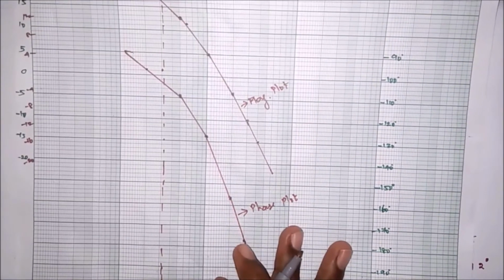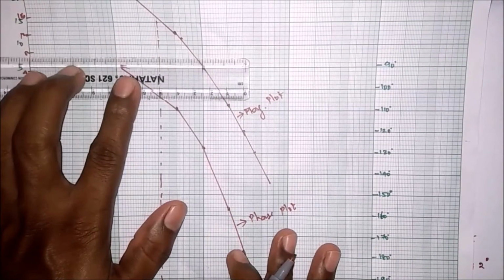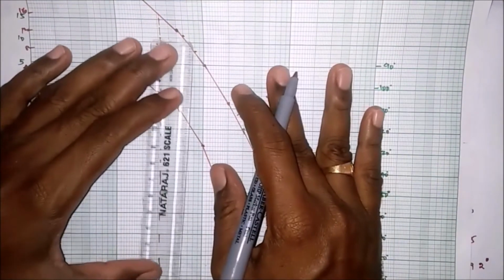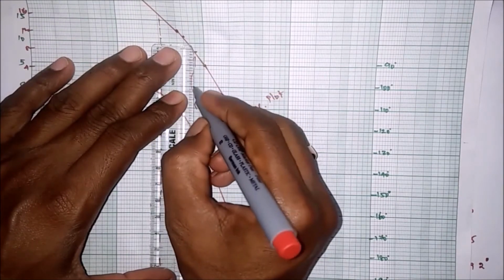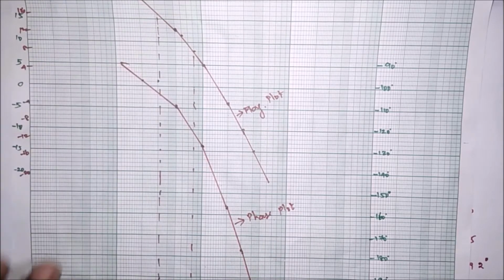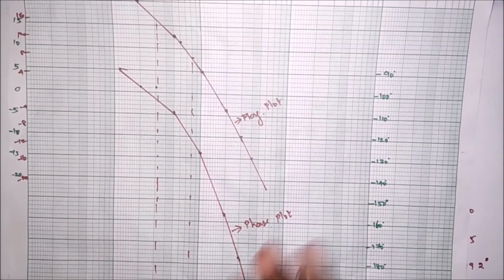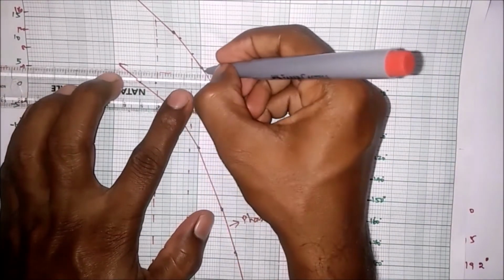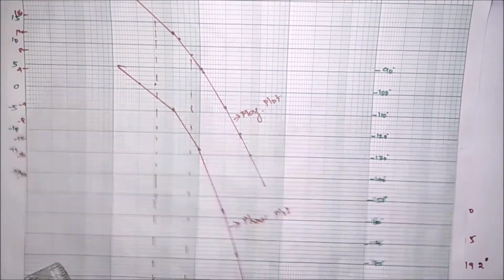Next for 8, the corresponding omega value is 0.74. Then for 4, the corresponding omega equal to 1.05.